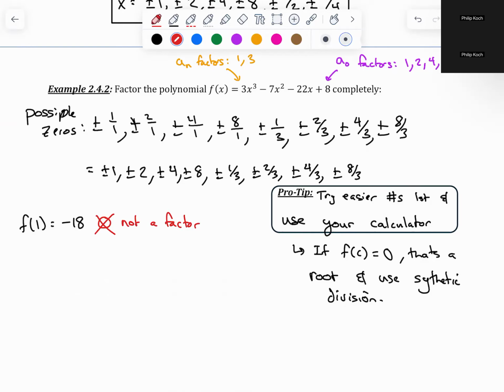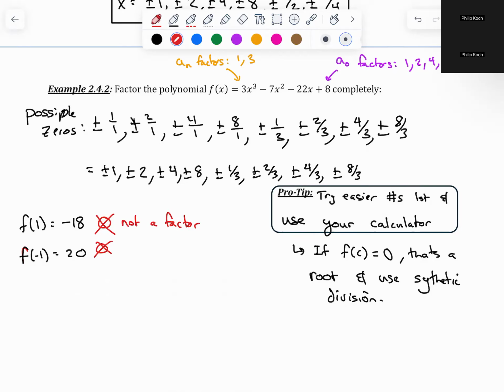Negative 1, negative 1, negative 1. There were 3 instances of negative 1, and I've done that. Equals 20. So I want you to write on your page f of negative 1 equals 20. So that's not a factor either.